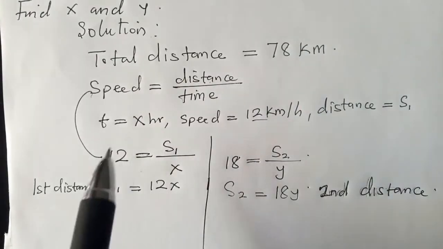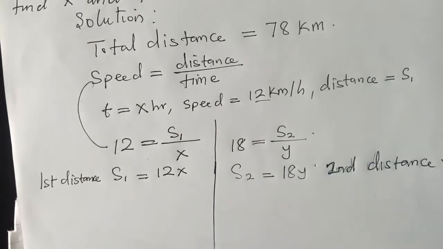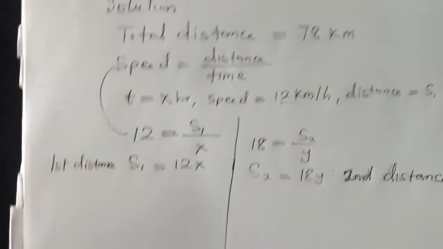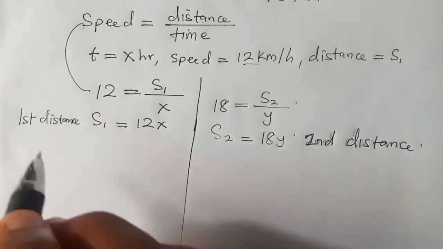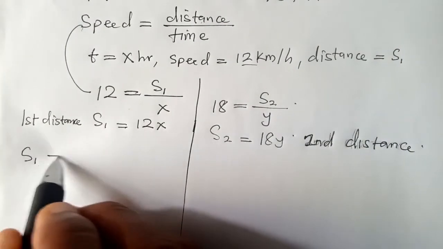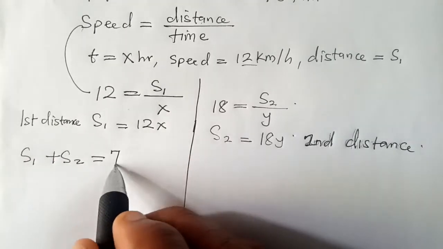But then look at the first equation I told you. I said total distance is 78 kilometers. So if the first distance is 12x and the second distance is 18y, then the total distance is going to be 12x.